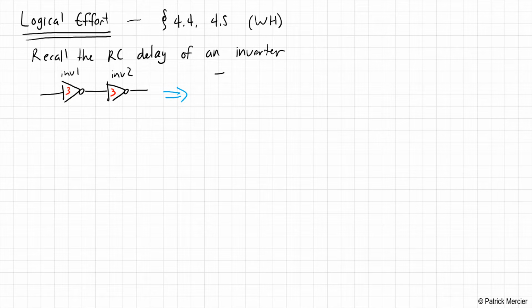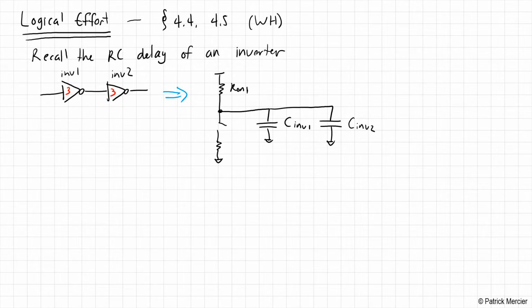Let's say in the pull-up delay case, we have some sort of R on from inverter 1. It's connected to the output. The output has CINV1, and let's just assume that NMOS switch is open. That there's some parasitic capacitance at the drain of inverter 1, and there's some gate capacitance at the gate of inverter 2, and this is some wire that's connecting them.